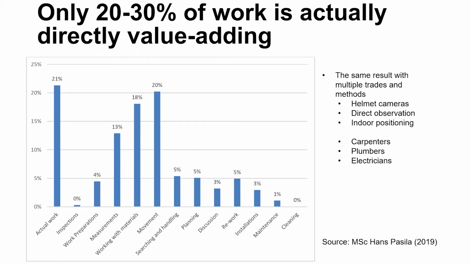So this reduction of waste is key in solving the productivity problem, because with one intervention, for example, targeting better logistics, you can increase the productivity of a lot of different work types, while previously productivity improvement has been tailored to a single work type, for example, by looking at how to improve the productivity of masons or concrete element work.